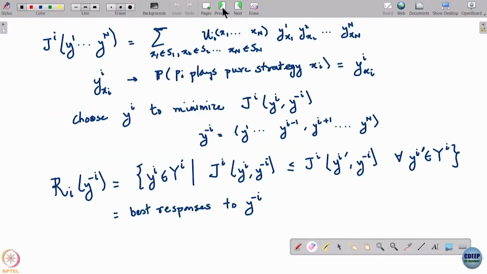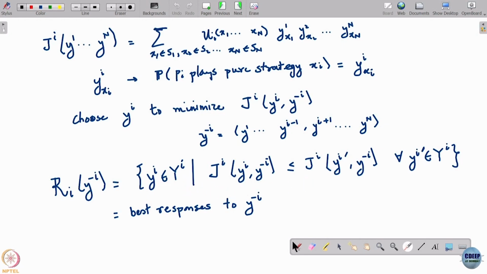For this, let us go back and recall what R was. R was the product of the Ri's, and each Ri is the set of best responses of player i. So, Ri of y minus i is the set of best responses of player i to y minus i.